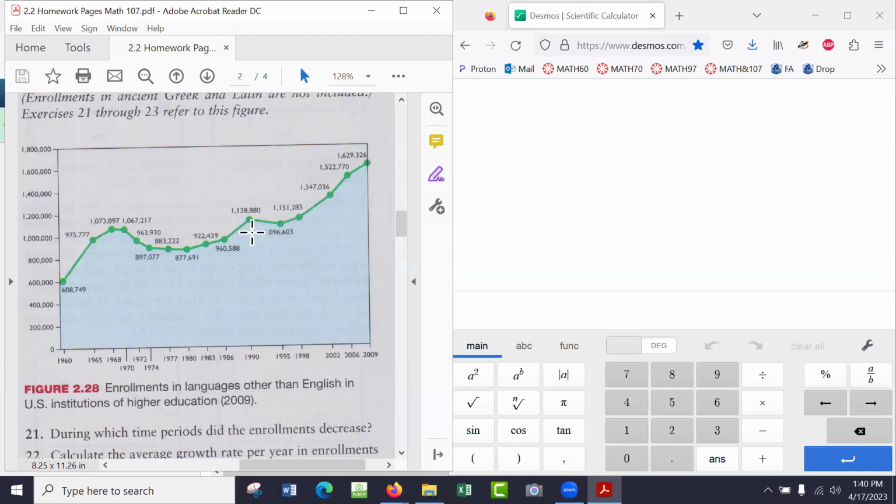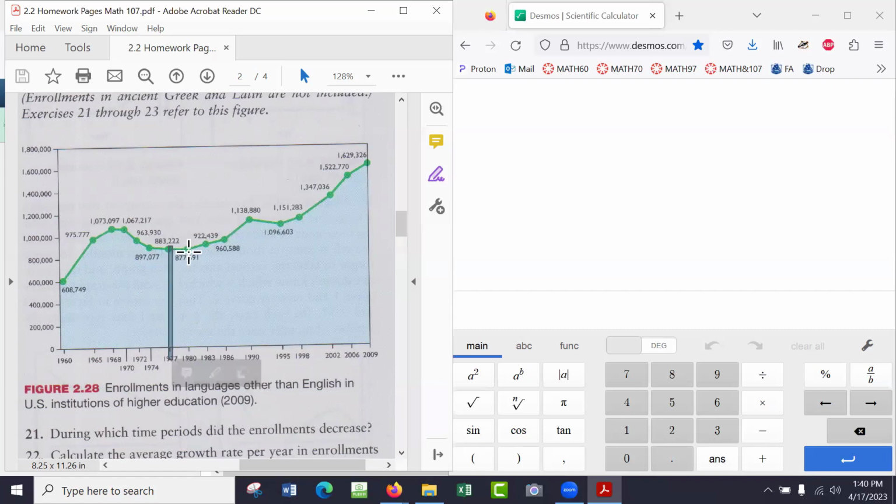Got it? So the first question is, during which time periods did the enrollments decrease? So we can see from 1968 to 1970, it actually went down a touch. And then it went down again, and then it went down again. So we're at 897 for 1974. But then we go to 883 for 1977, right?